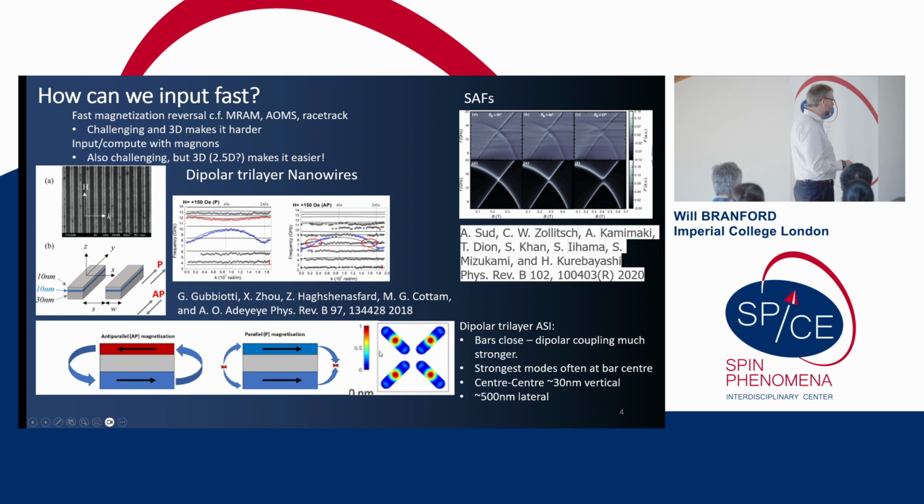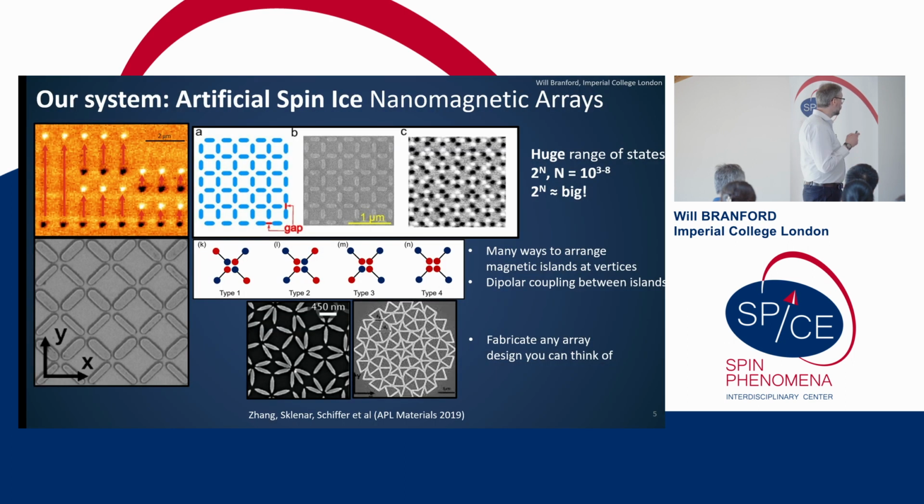So when we stack them up vertically, we can get the magnon action really close, in our case about 30 nanometers apart, whereas for this lateral separation, it's hard for us to get less than about 500 nanometers. So in terms of the dipolar dynamics, we can really make a massive difference to how close we can go.